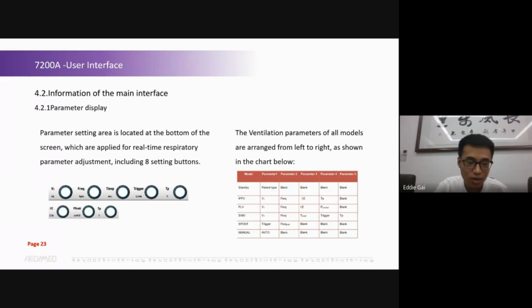We have used the paramagnetic oxygen sensor on our other models, such as AG70 and 8800A. But for 7200A, the configuration is the chemical sensor, which is cheap for some users.